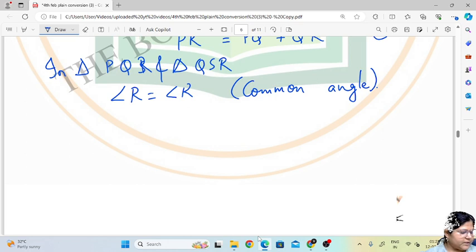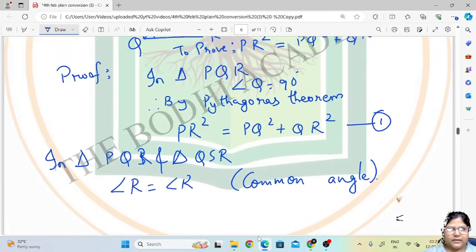Next, we can write each angle is 90 degree. If you can see, each angle is 90 degree. Where you can write each angle is 90 degree?